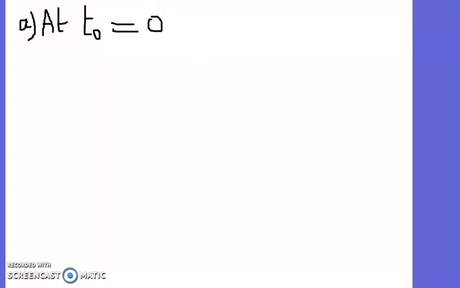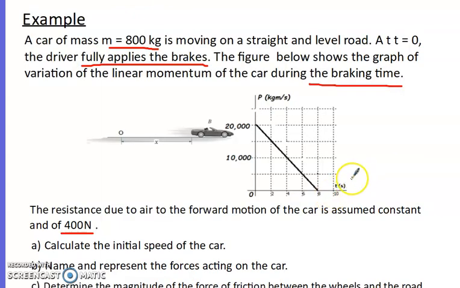Okay, here is the time and here is a 0 time. We have what here? Linear momentum, not velocity. So that's the initial linear momentum.